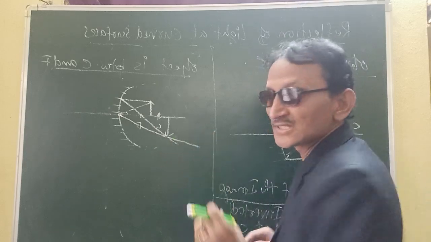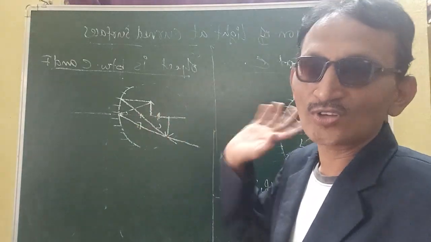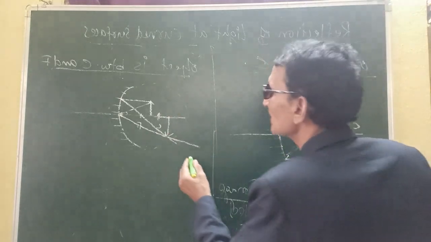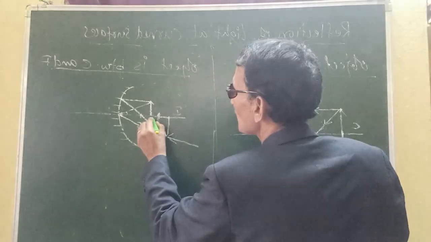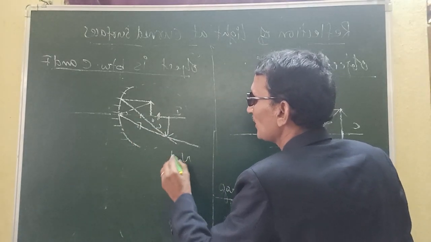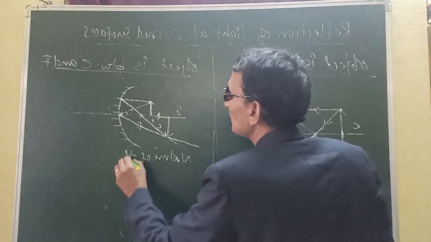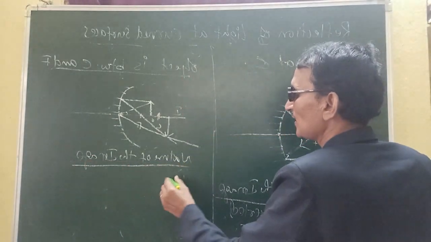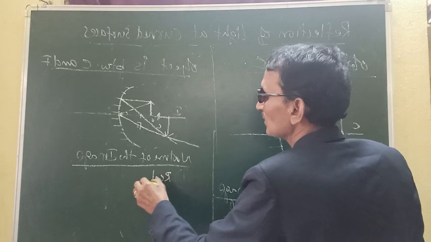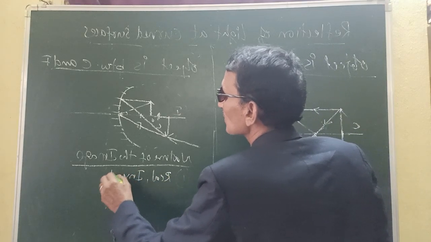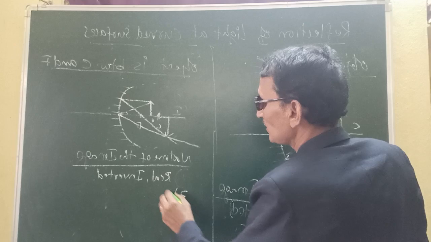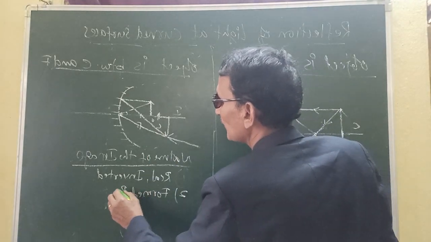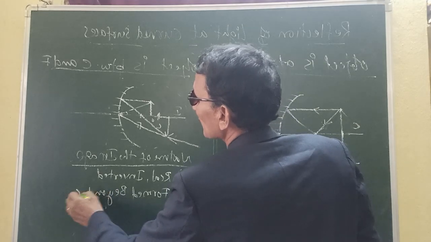So the image is of bigger size than the object. This is the image, this is the object. So what is the nature of the image? It is a real, inverted image, and where is it formed?